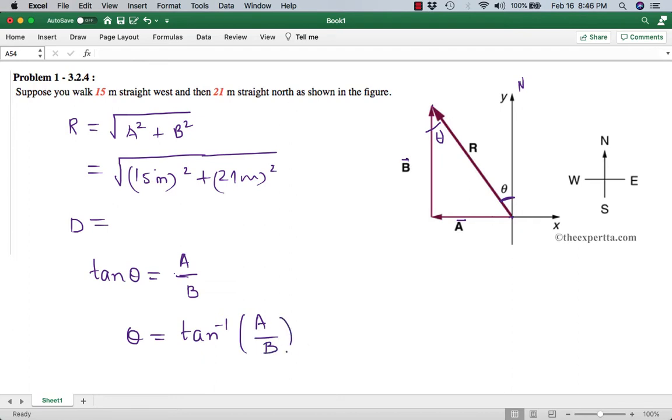Okay, so tan inverse of a is 15 meters and b is 21 meters. Okay, so that'll give you the angle.